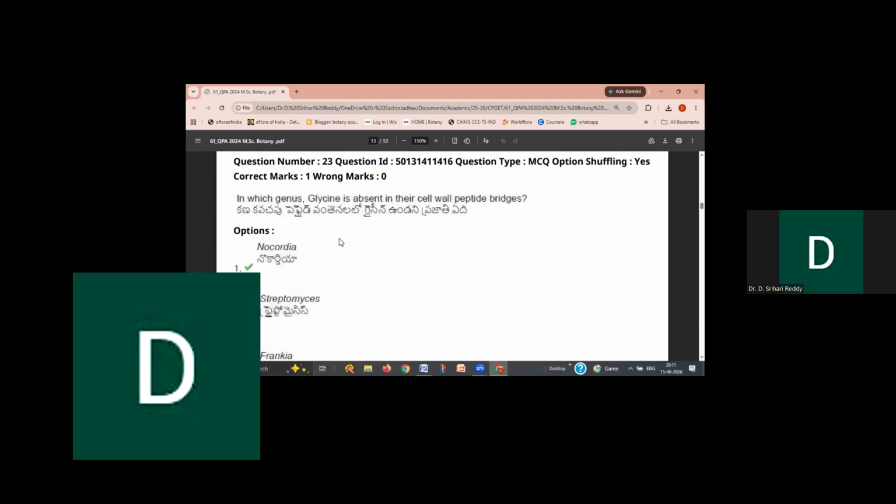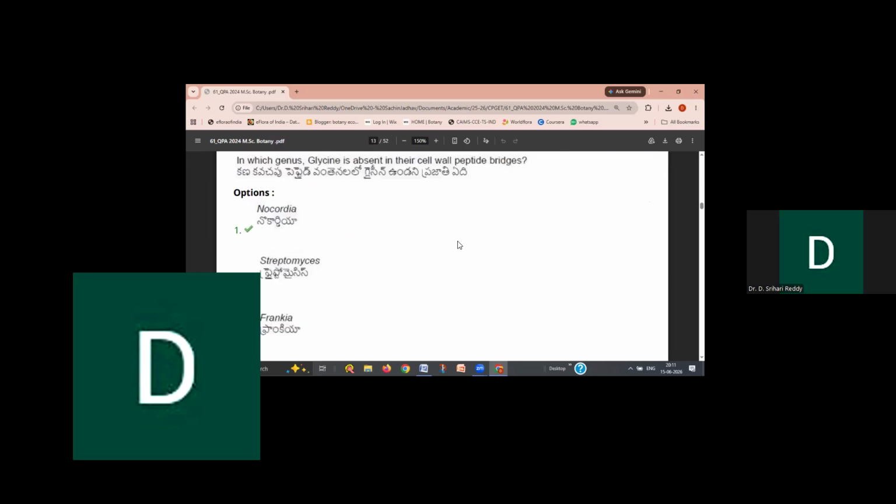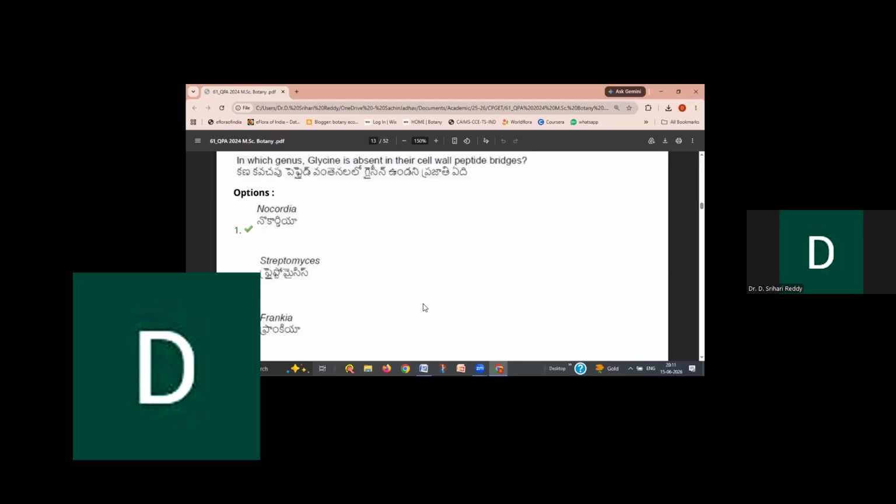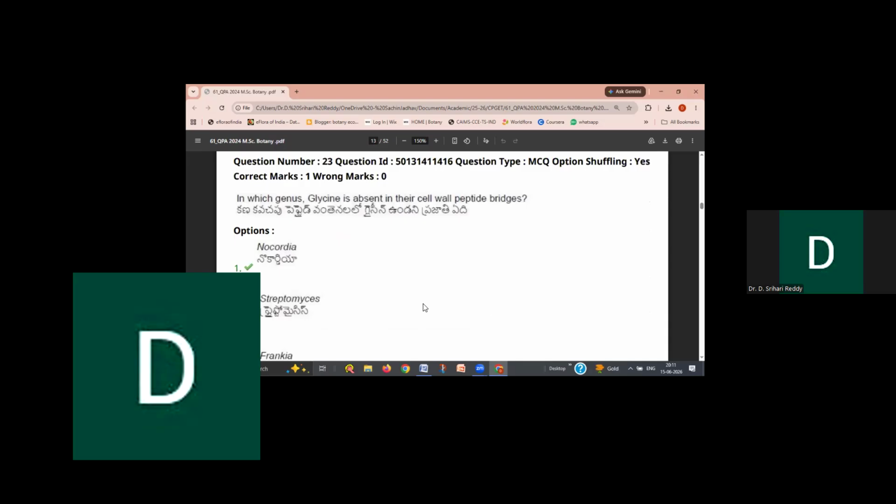Okay, next question. In which genus is glycine absent in their cell wall peptide bridges? Cell wall peptide bridge, it is a very deep question. Nocardia, Streptomyces, Frankia, Micromonospora. Here they come within the bacteria.